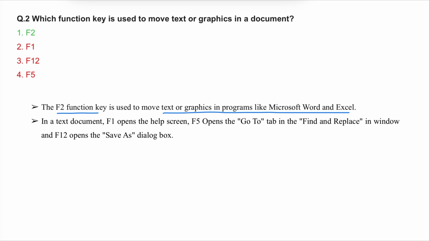In a text document, F1 opens the help screen, F5 opens the go to tab in the find and replace window, and F12 opens the save as dialog box. The correct answer is option 1, F2 key is a function key used to move text or graphics in a document.